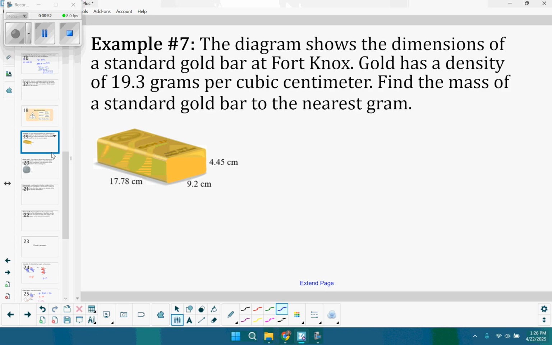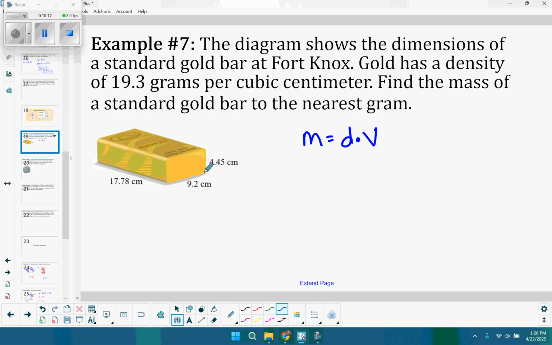Gold has a density of 19.3 grams per cubic centimeter. Find the mass of a standard gold bar to the nearest gram. So we know mass is equal to density times volume. So I need to know both of those values. I was already given the density, but I don't yet know the volume. I'm going to find the volume first.